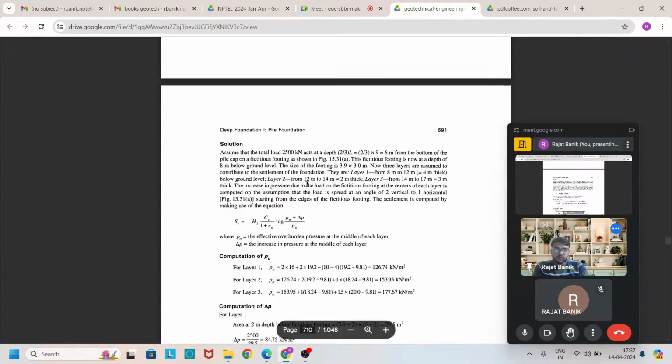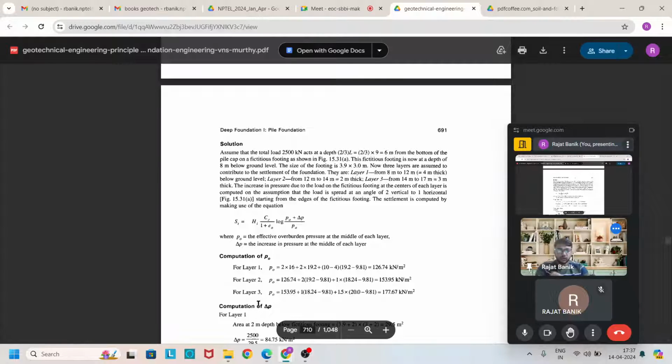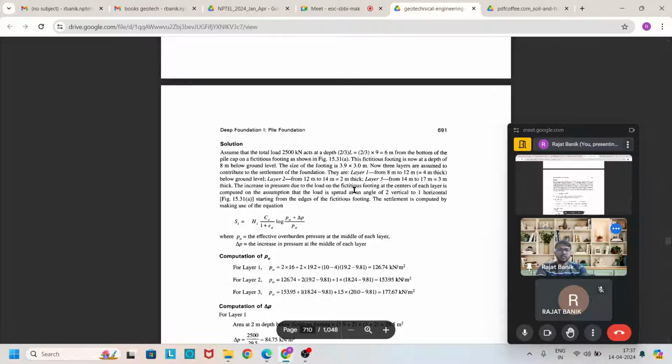So first we find out the shape, that means the length and width of the pile cap.